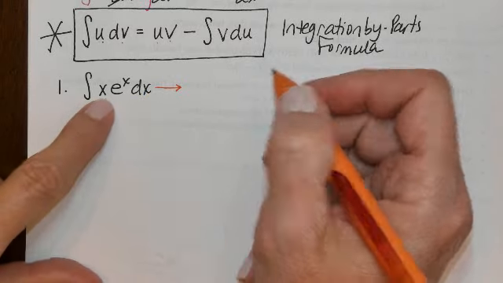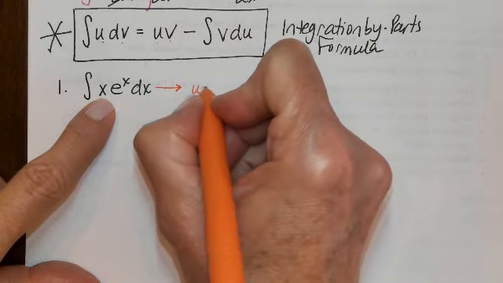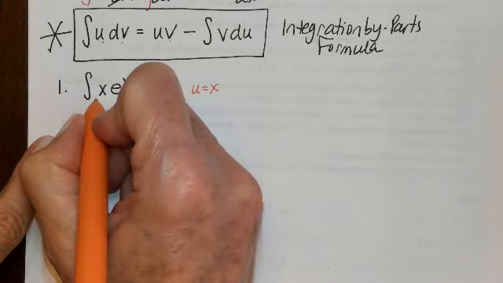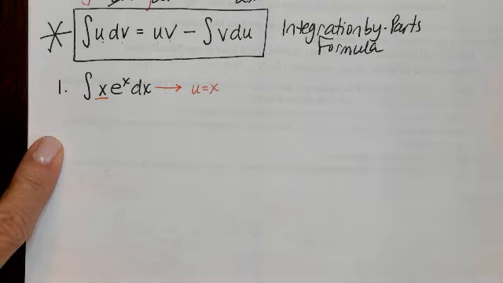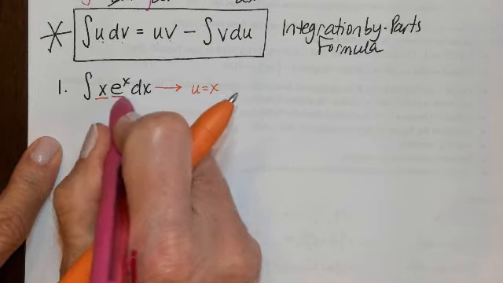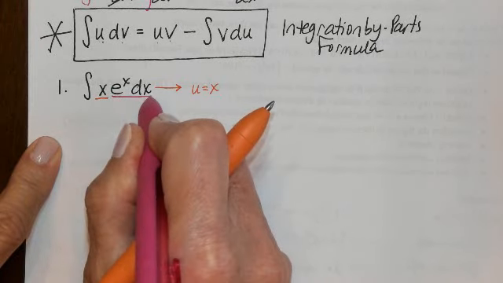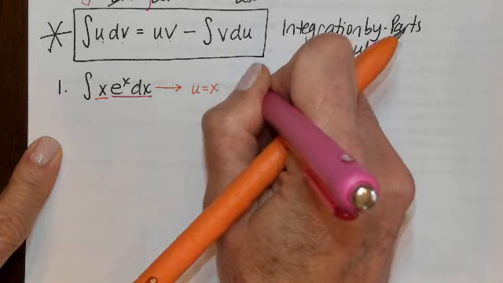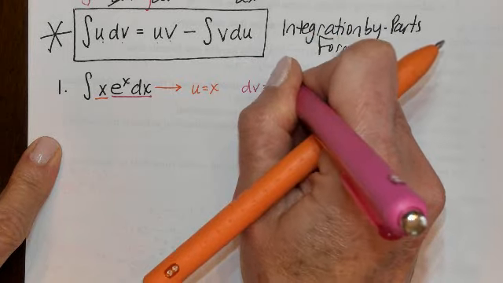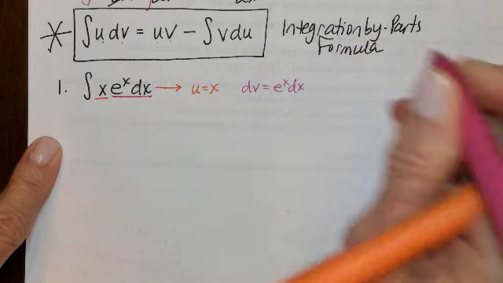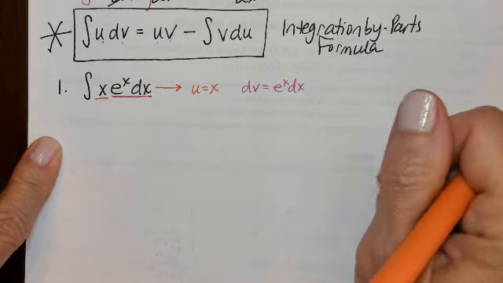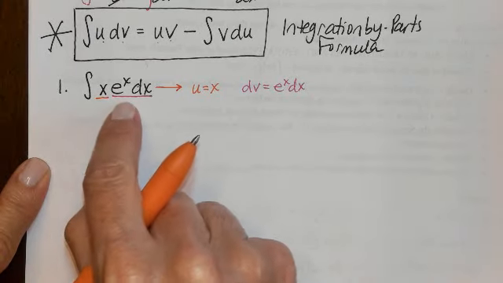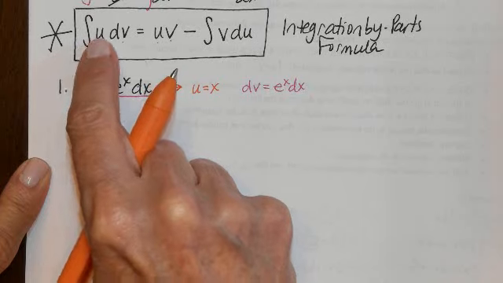I'm going to start by labeling the x u. So u is equal to x, which means everything else is dv. So dv is everything else. So now this is the integral of u dv.